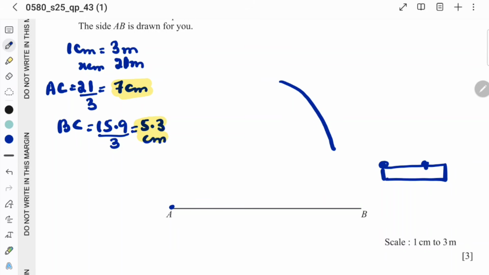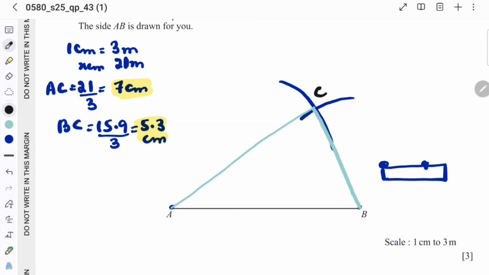Same thing, change your radius to 5.3 centimeters because BC is 5.3. Keep your needle at B, cut the arc and then draw the line. That will be your ABC triangle. Do it with the ruler and the pencil, and use the compass to draw the arc. Join the points, and this is your C point.